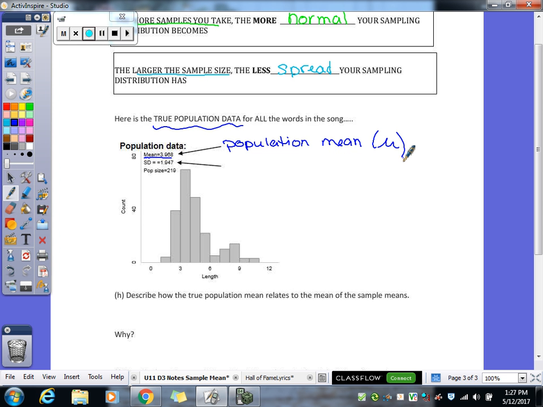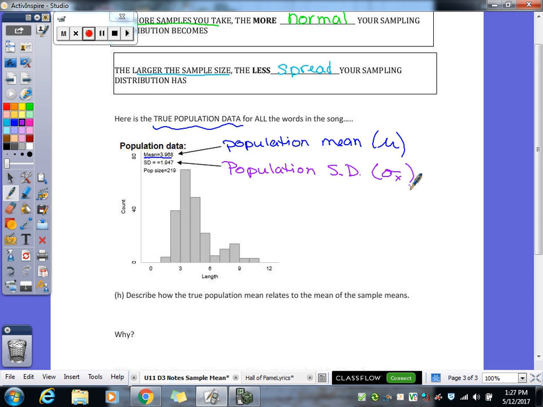Because I took every single word of the song and I actually figured out what the average is for it. So then this standard deviation here, since this is off the population data, this is our population standard deviation, which is our sigma guy that we use.